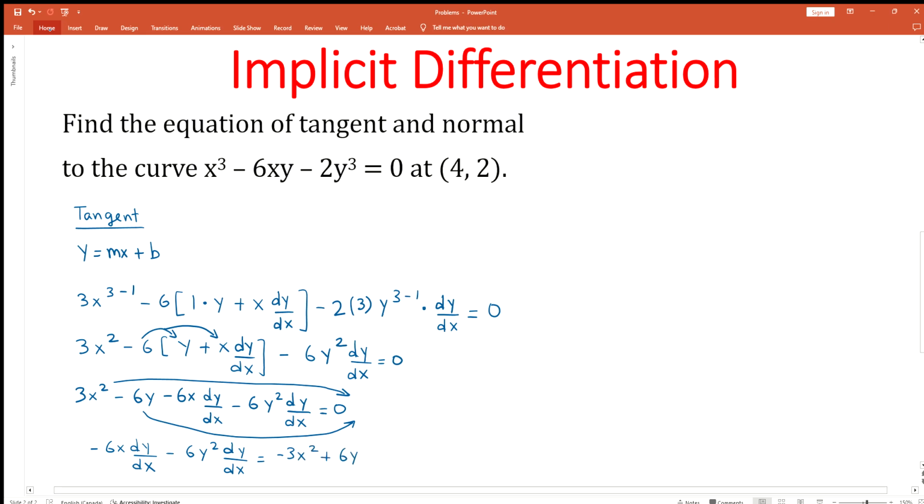Next, we should factor out dy over dx from both terms on the left side of this equation. Next, we should divide both sides by negative 6x minus 6y squared to isolate dy over dx on the left side of the equation.